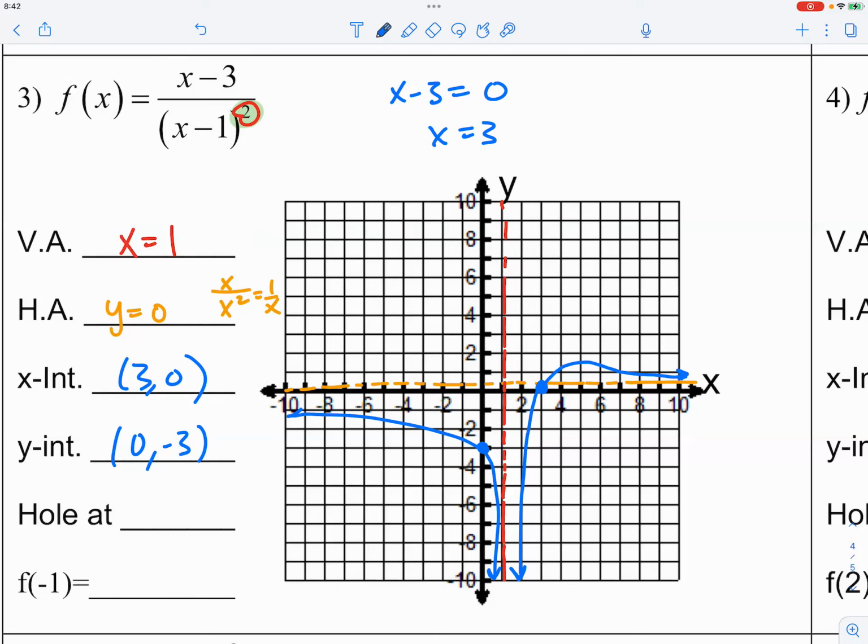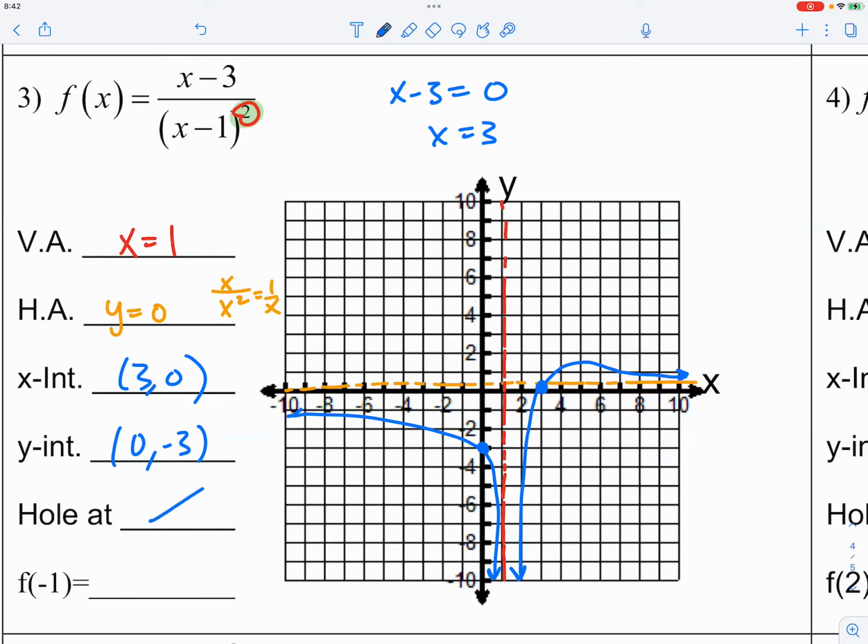You can think about it as a guideline that the graph would just lean closer to as it goes. And also, this would be a great example to show you that, can we cross the horizontal asymptote? Yes, we could. Yes, we could. Okay, yes, we could.